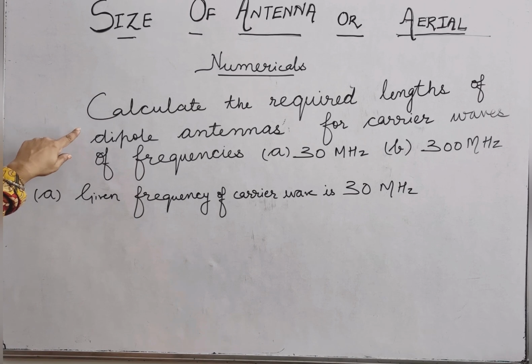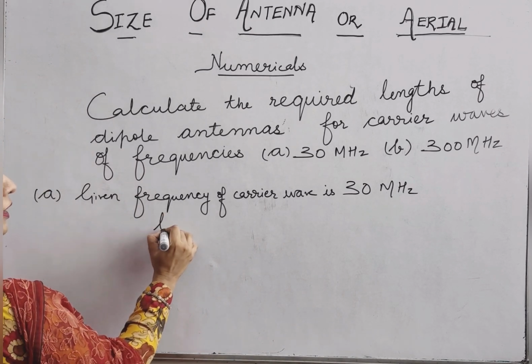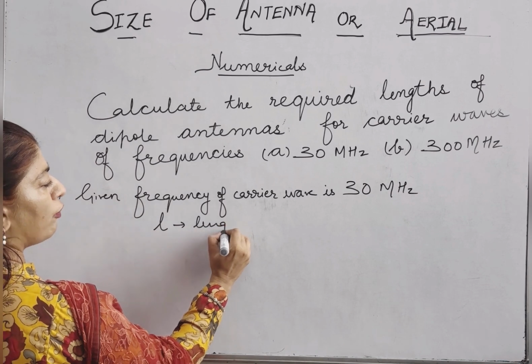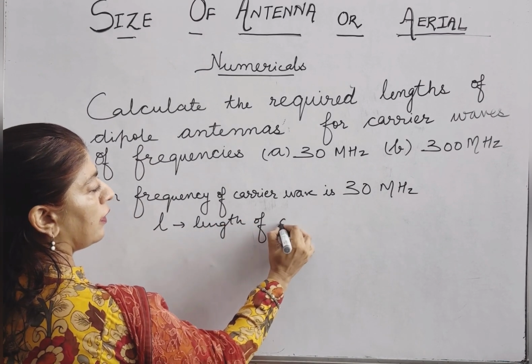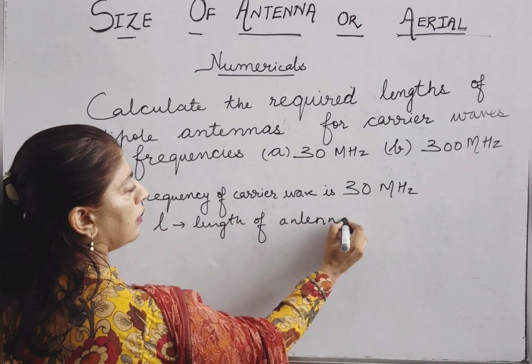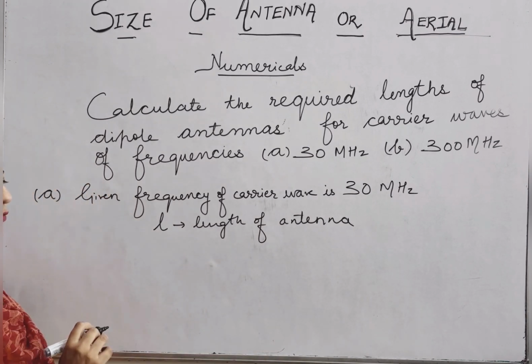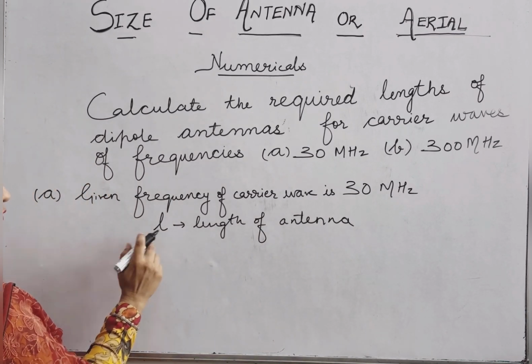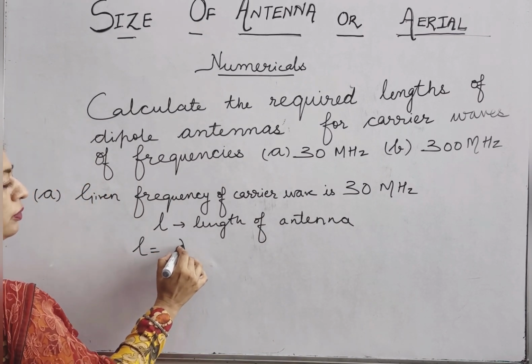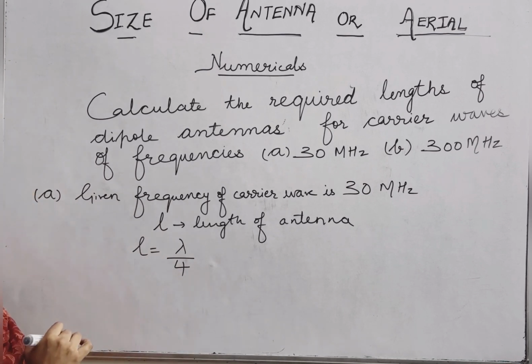We are required to find out the length of antenna. Let L be the length of antenna. The formula for length of antenna is lambda by 4.